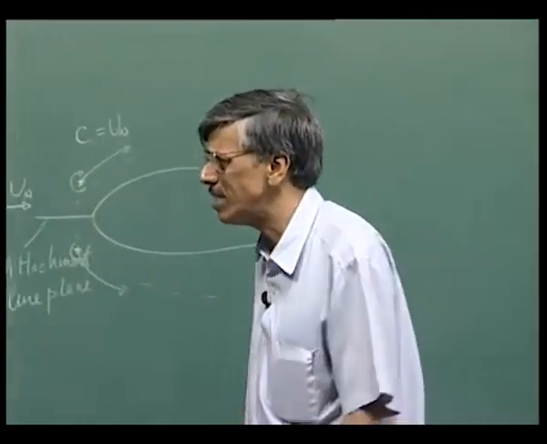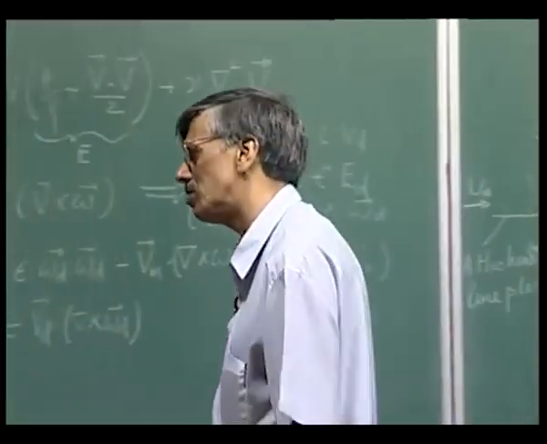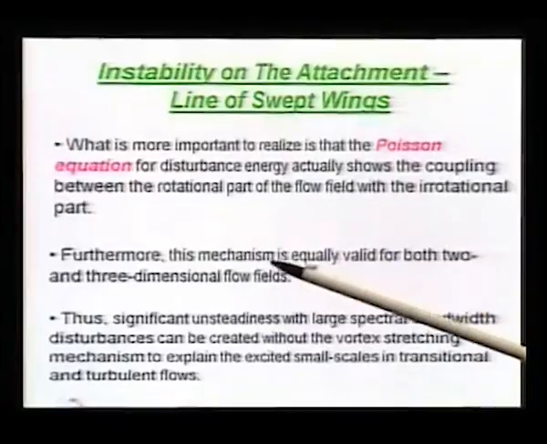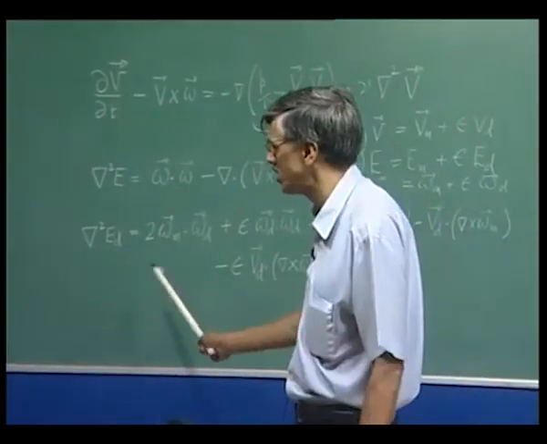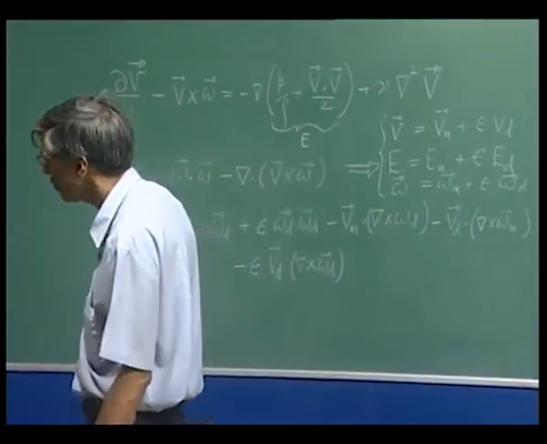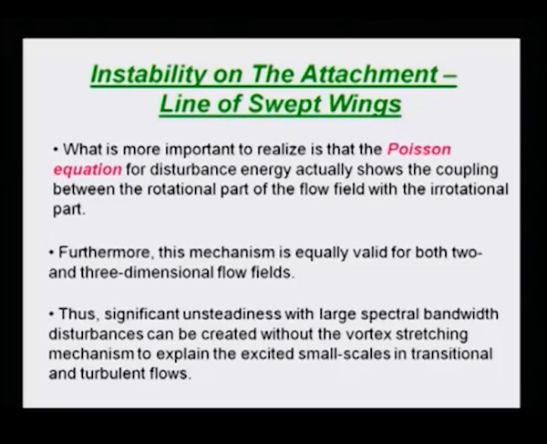So, we can see this is rather a more all encompassing scenario when we write down this disturbance energy equation. We noted that a significant unsteadiness with large spectral bandwidth disturbance can be created without the vortex stretching mechanism.